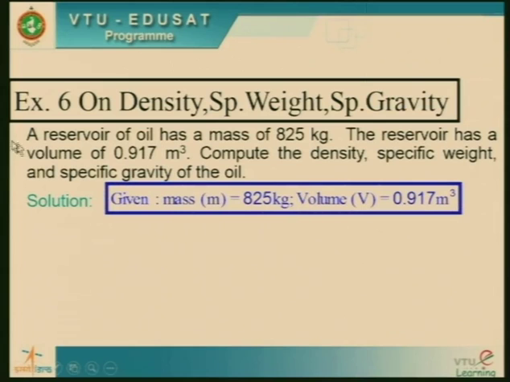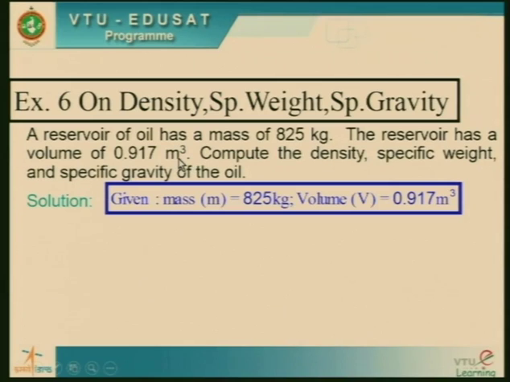In the next question, it is again on density, specific weight and specific gravity. A reservoir of oil, you can assume say an oil bunker, has a mass of 825 kg. He has given you the mass. The reservoir has a volume of 0.917.